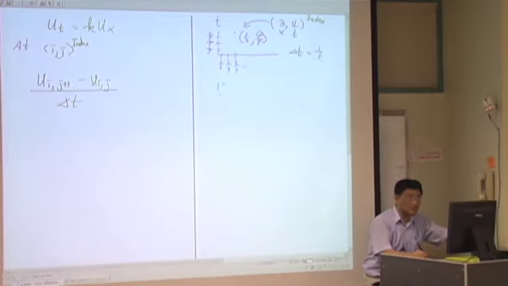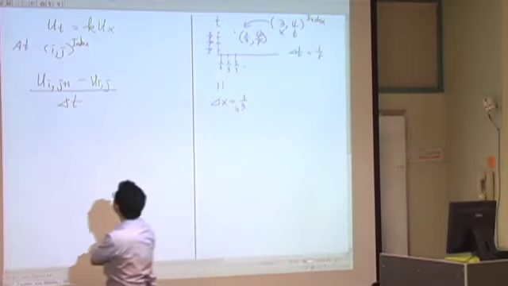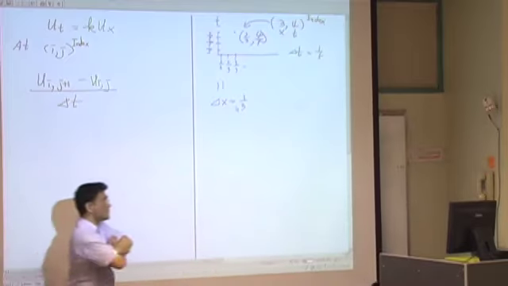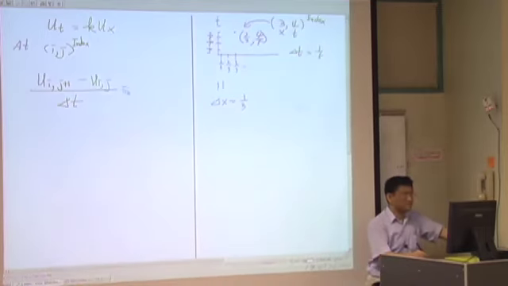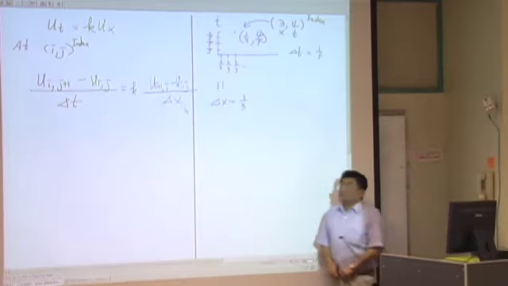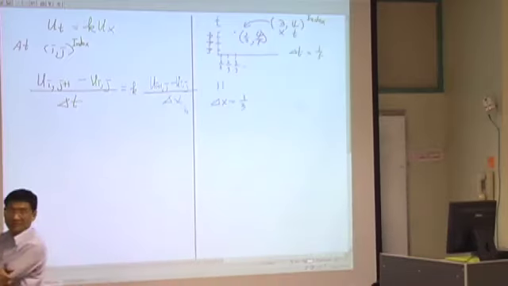What is delta x in this case? 1/3, right? Equals k times ux, u sub i plus 1 j minus u sub ij over delta x. So please browse this thing and ask questions if you have difficulties.